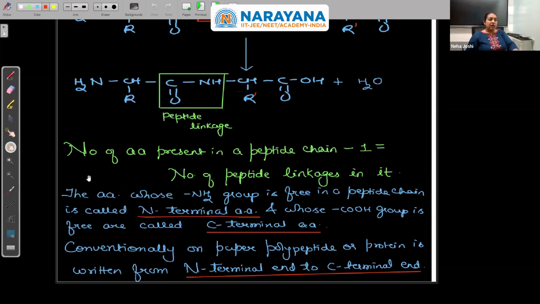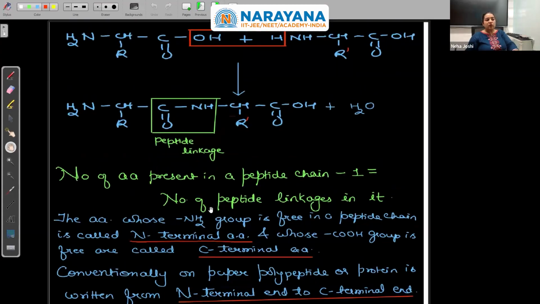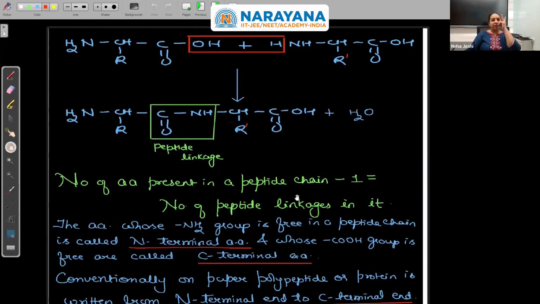That is a rule. Number of amino acids present in a peptide chain minus 1 is the number of peptide linkages. If I have 2 amino acids, they will be bonded by 1 peptide linkage. So number of amino acids is 2, peptide linkage is 1. 3 amino acids, then I will have 2 peptide linkages, now 1 and 2. 4 amino acids, then 1, 2, 3.